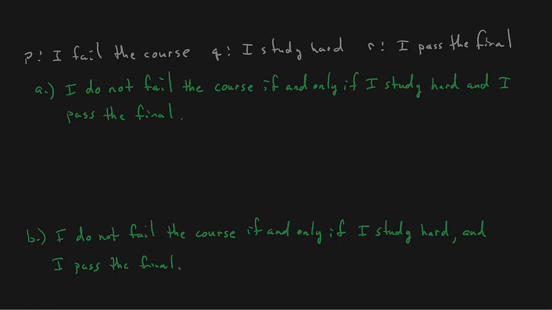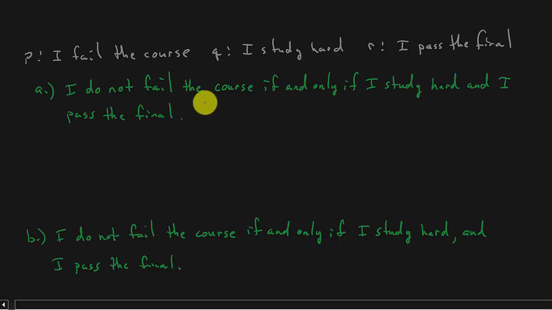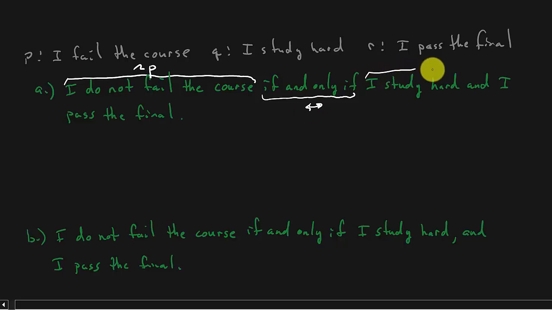All right. So let's see. This first statement here, which one is that? That is what? Not P, right? I fail the course. I do not fail the course. That's not P. And then we have our if and only if. There's that symbol. I study hard. That would be Q. And there's that connective, and then we've got I pass the final.